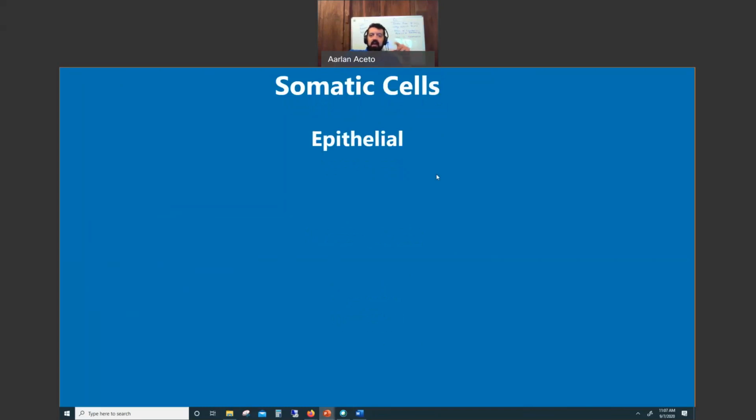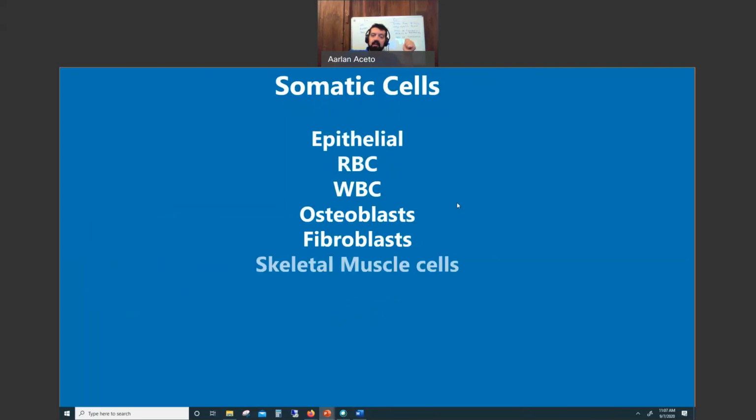And so we break them down into epithelial cells, red blood cells, white blood cells, osteoblasts, which have to do with bone and bone creation, fibroblasts, skeletal muscles, smooth muscles, nerve cells, and these are them. These are the different types of cells that we have. 5, 6, 7, 8, 8.